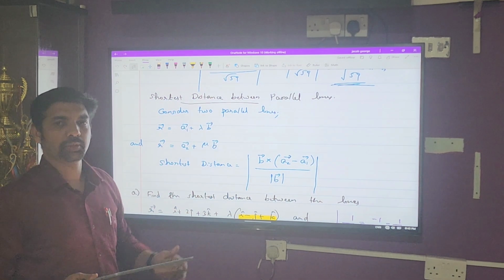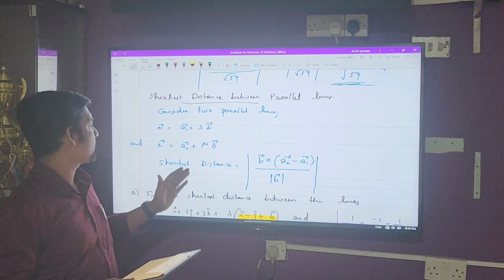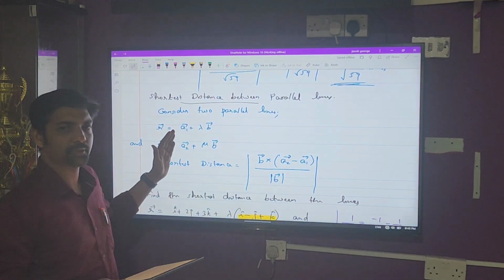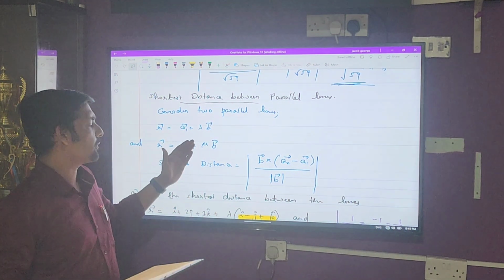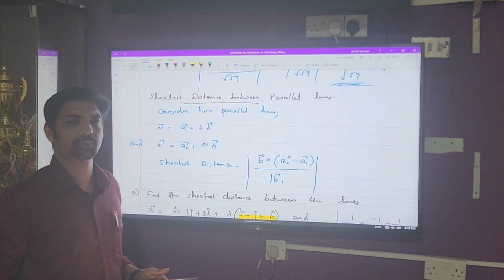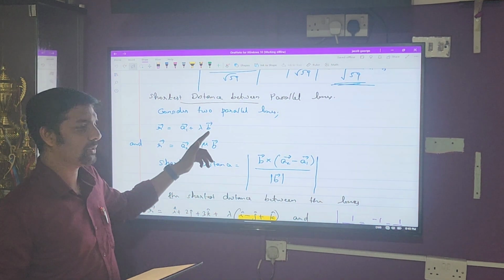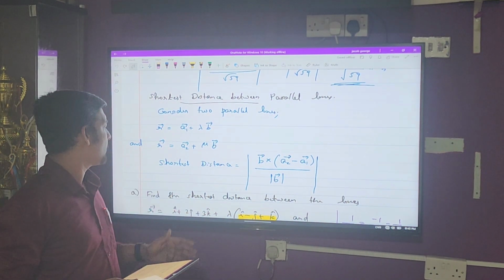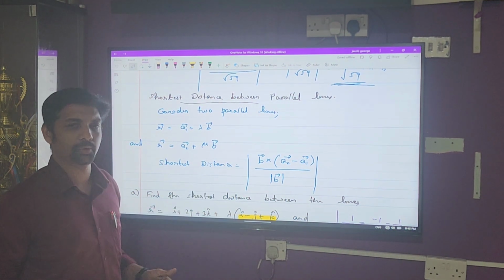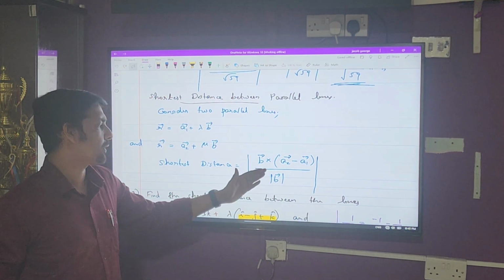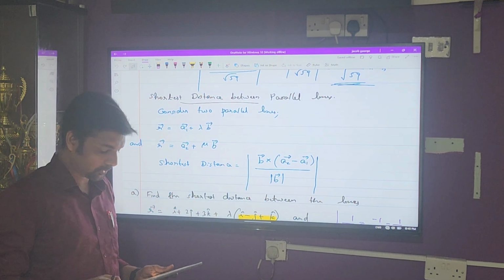Shortest distance between parallel lines: this is the formula. Vector r is vector a1 plus lambda times vector b. Vector r is vector a2 plus mu times vector b. Here the parallel vectors are the same. Shortest distance is modulus of vector b cross vector a2 minus a1 by modulus of vector b.